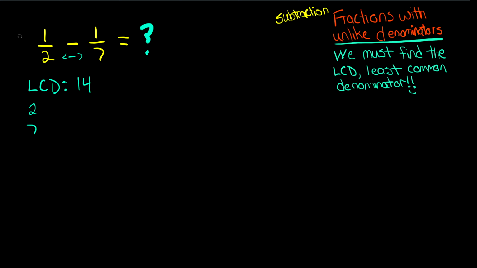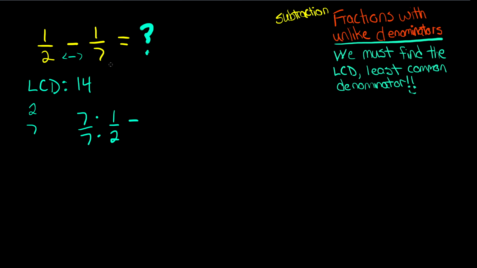How can we change 1 over 2 into something over 14? Well, we have to multiply the bottom by 7 and the top by 7. So don't forget your fancy version of 1. So 7 over 7, all of this times 1 over 2 minus, and then what are we going to multiply the 1 over 7 by?